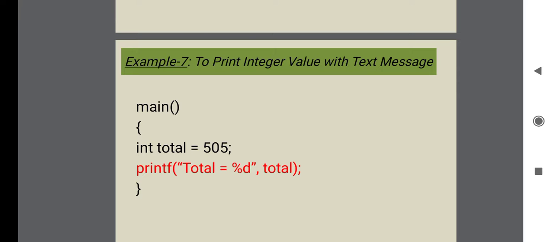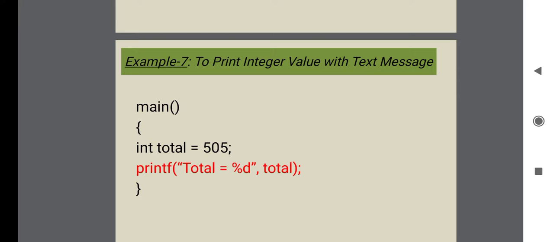T will print. A will print. L will print. Space is also not a format specifier or escape sequence, so it will print. Equals to is also not a format specifier or escape sequence, so equals to will also print on the monitor.